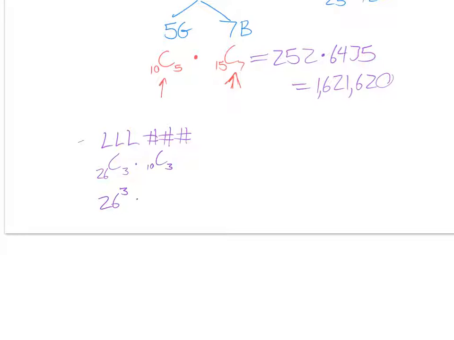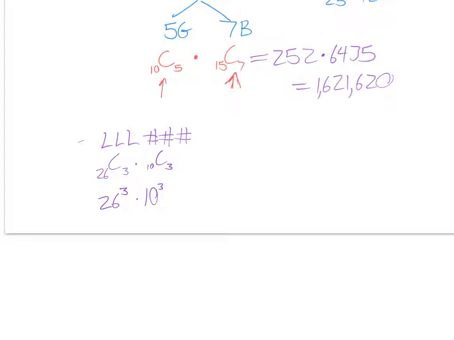Like 10 then 3. Good, 10 to the power of 3. If you think about it, 000 all the way up to 999 is 1,000 numbers. So it's 10 to the third.